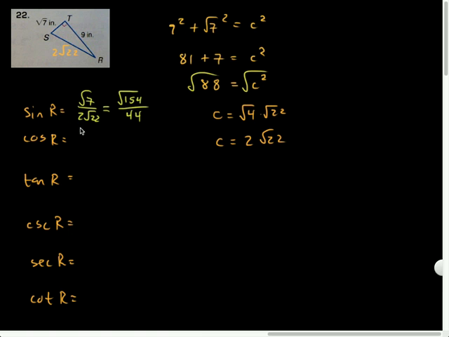For cosine, that would be adjacent over hypotenuse. The adjacent is 9, the hypotenuse is 2 roots of 22, so that would be 9 over 2 roots of 22. I'd multiply top and bottom by rad 22, and I'd get 9 rad 22 over rad 22 times rad 22 is 22, multiplied by this other 2 is 44.